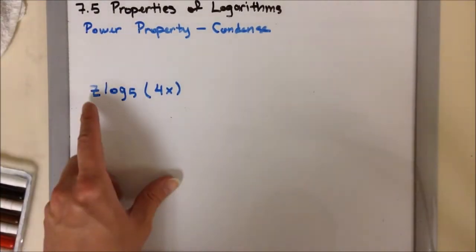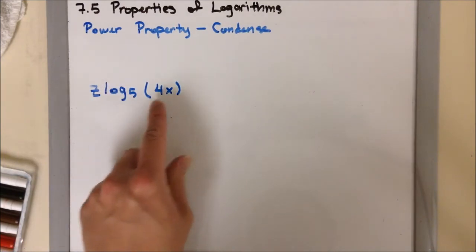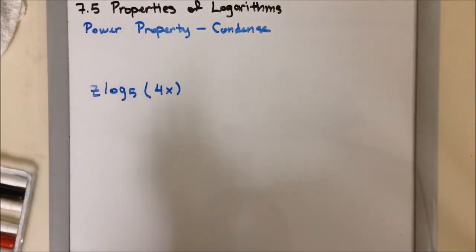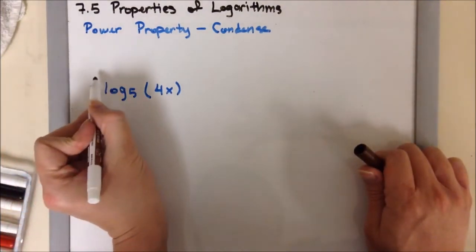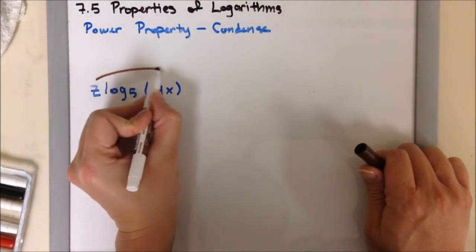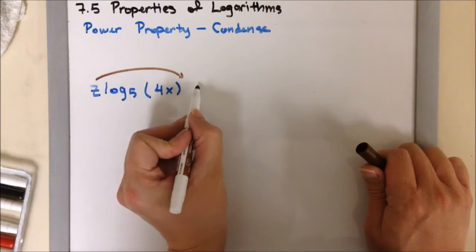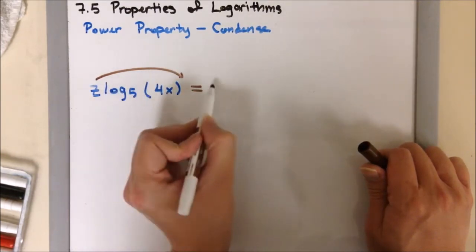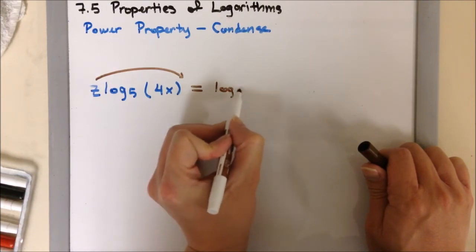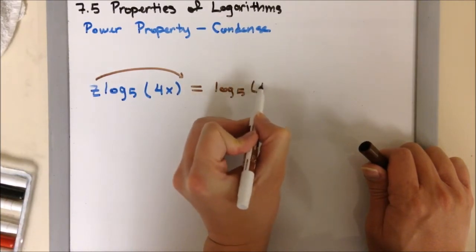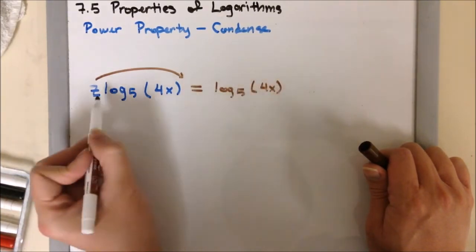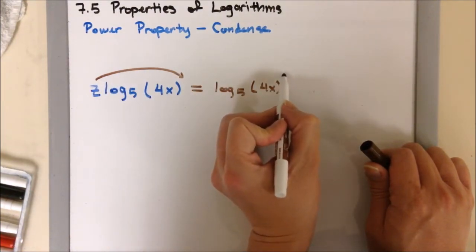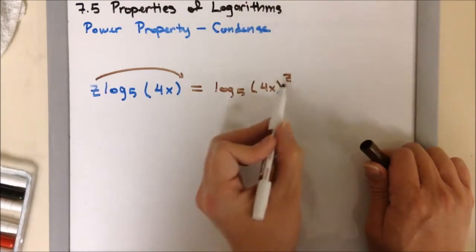In this example, I have z times log base 5 of 4x. So if I were to condense using the power property, I'm going to move my z next to the 4x. Now, since we have multiple parts inside of log, we're going to write log base 5 of 4x first, and then my z is going to be written as an exponent, and it has to be outside the parenthesis.